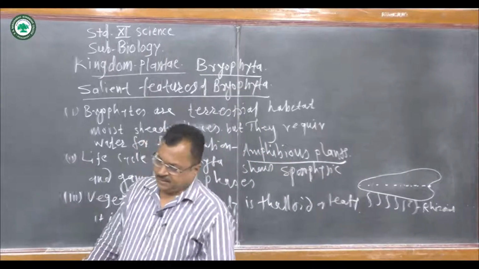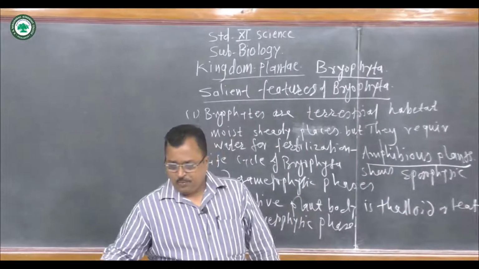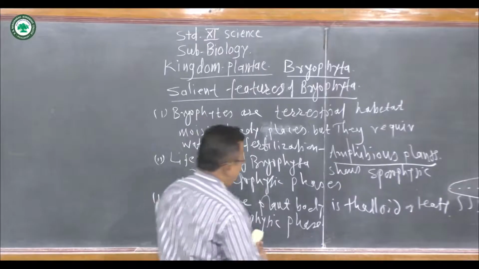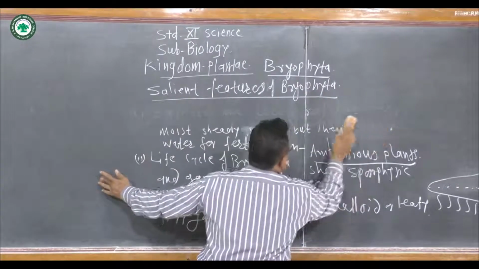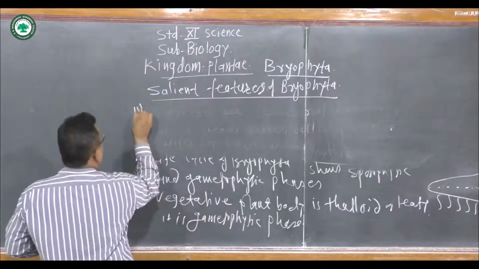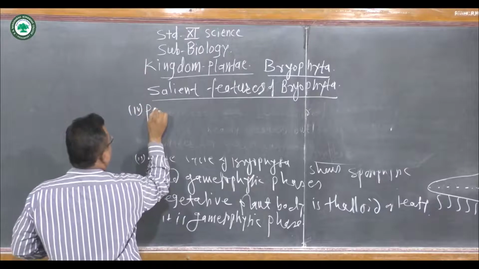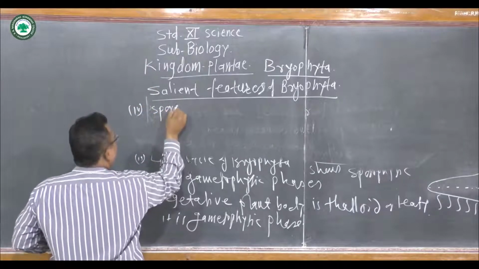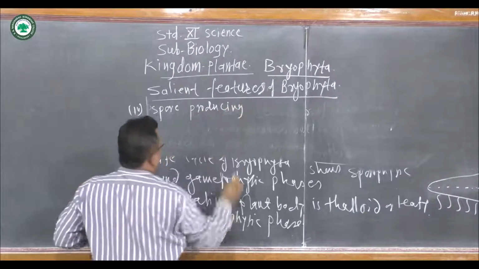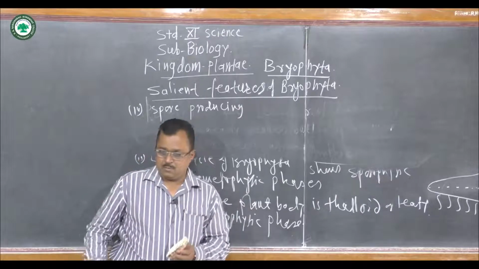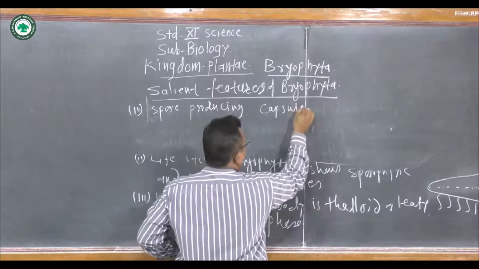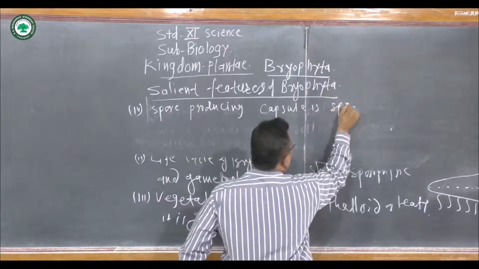Then the spore producing capsule is the sporophytic generation. Next point, in bryophytes, the spore producing capsule is the sporophyte.